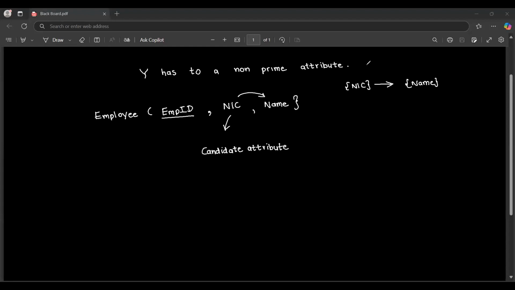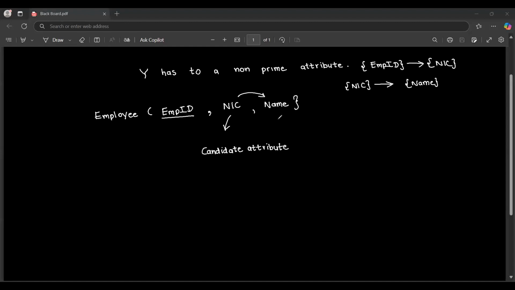And we know emp ID functionally determines NIC. So, is this a transitive dependency? Well, no, this is not a transitive dependency. Why? NIC could have been the primary key. It is a candidate attribute. So, this is not a transitive dependency.